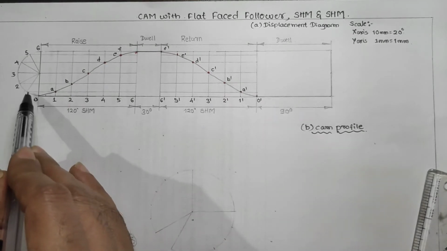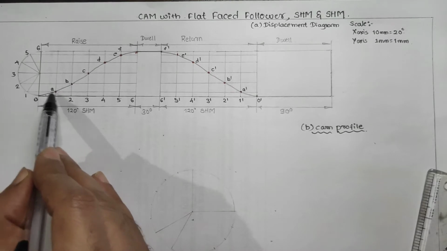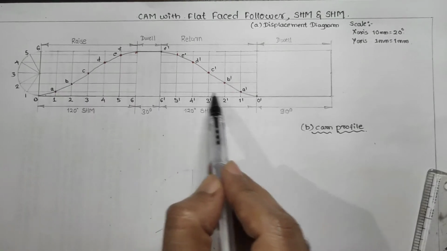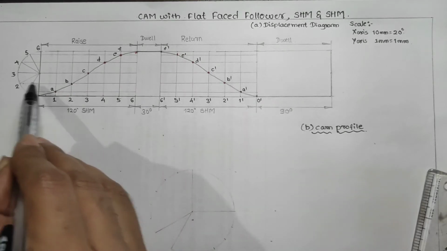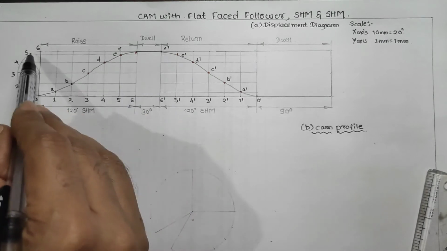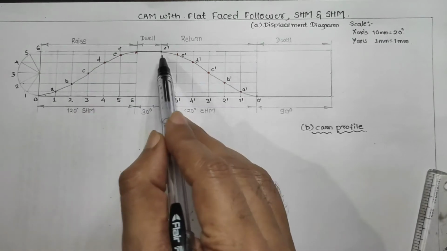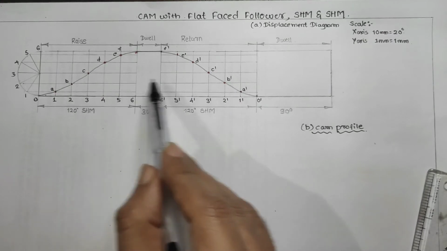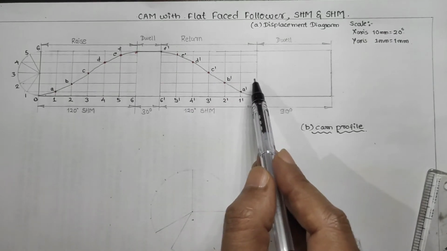Then draw a projection line from 1, passing through the rise period and then the return stroke also. So projection from 2, projection from 3, projection from 4 and projection from 5, and the same projections continue from the rise period to the return period also.